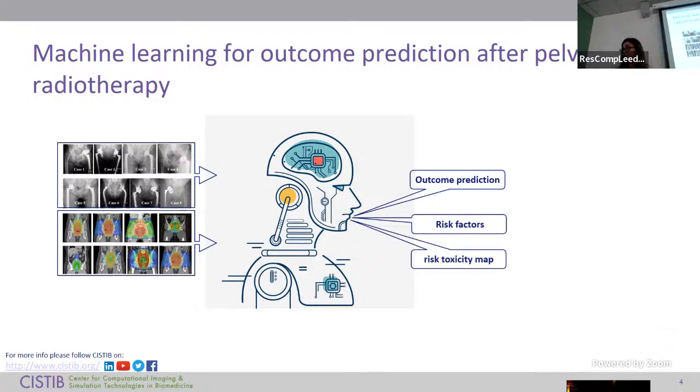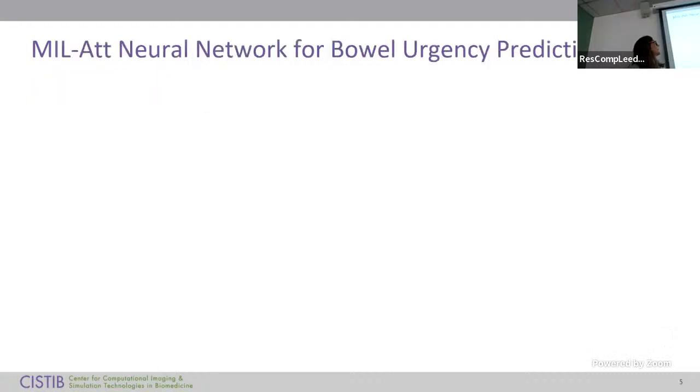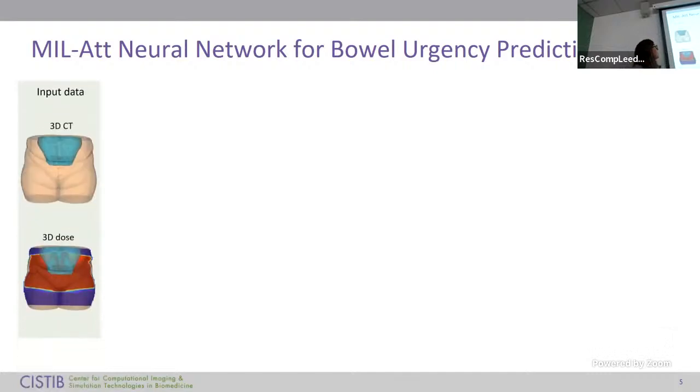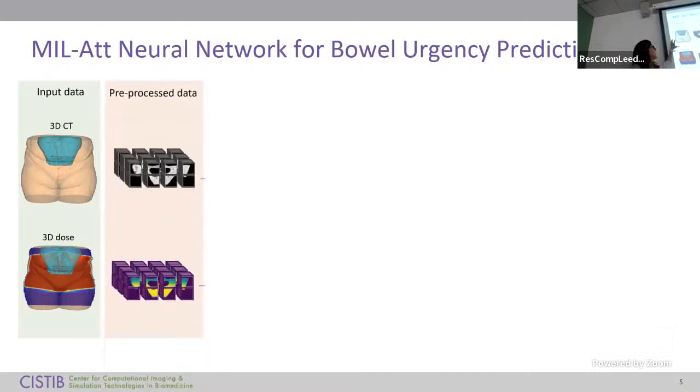So let's see what is inside this network. We propose multiple instance learning with an attention neural network to predict bowel toxicity of pelvic radiotherapy. Our input is two kinds of data. We have the CT scan of the bowel bag and the treatment doses. Then we divide each 3D volume into smaller cubes.